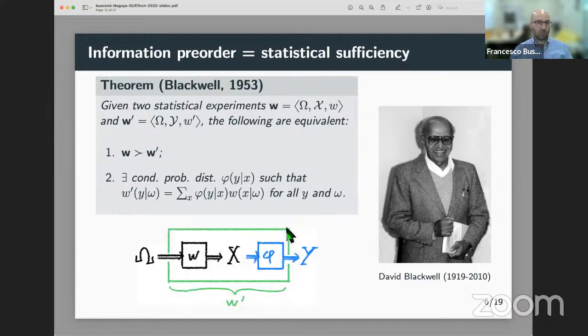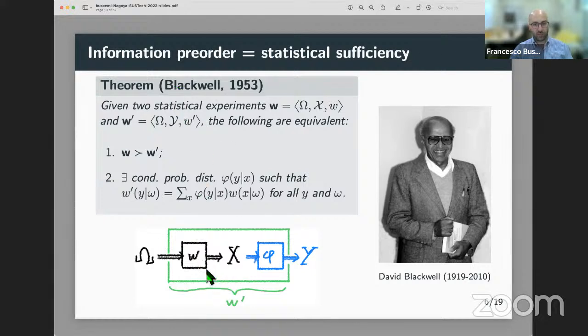So just to give you a picture in terms of a circuit kind of drawing. In black, you have the experiment W. You have this unobservable parameter of nature that influences the statistical distribution of the sample X via this noisy channel, essentially.